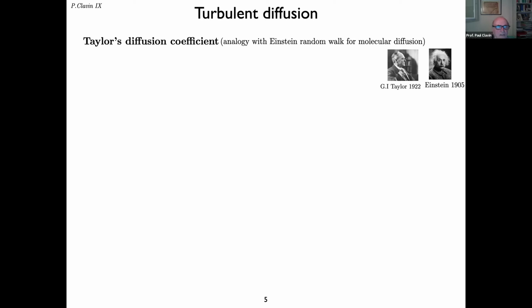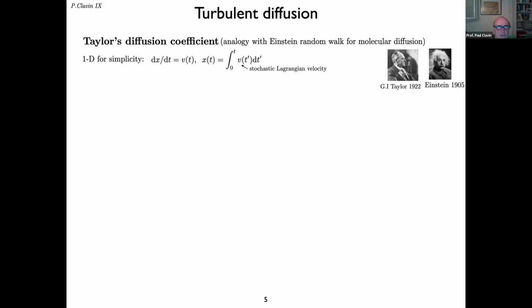When you have a turbulent flow, you want to know how inert particles are diffusing in a turbulent flow. This is a question you ask. In a sense, you want to find out what is the diffusion law of a contaminant in a turbulent flow. This is a very important problem in many applied situations.